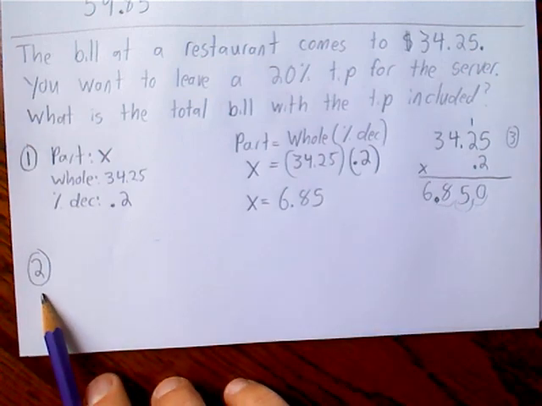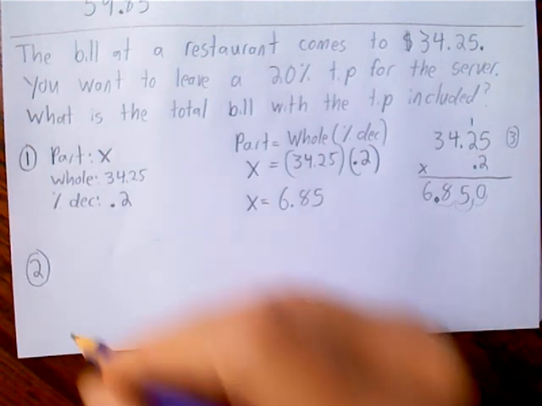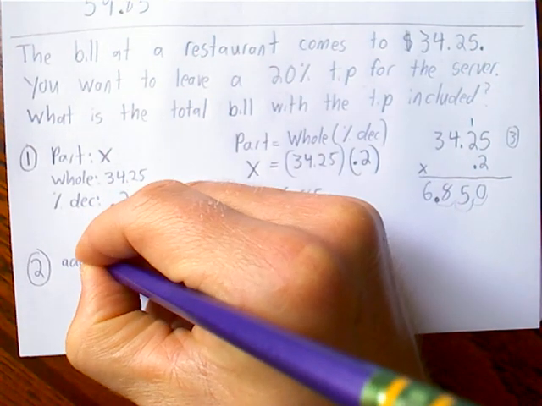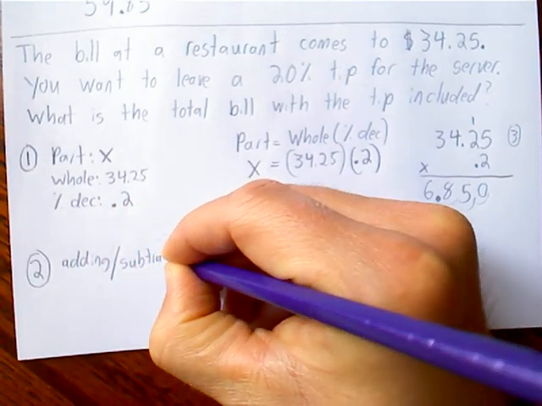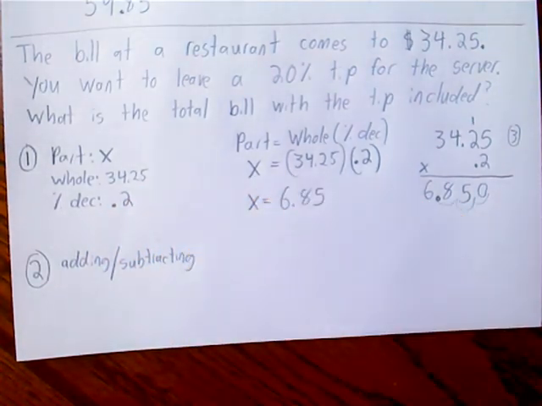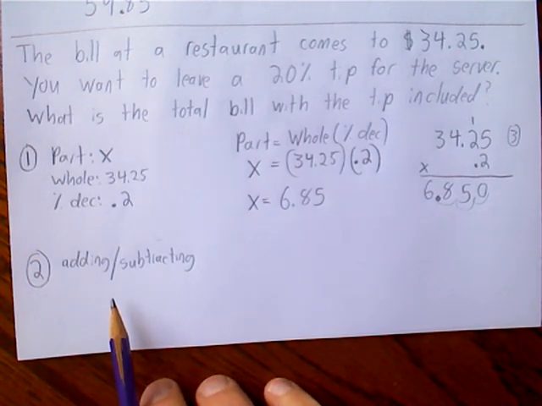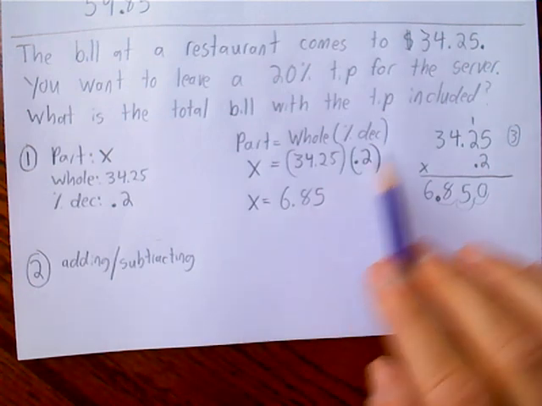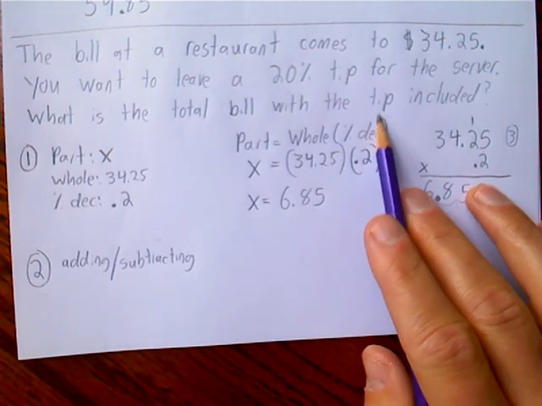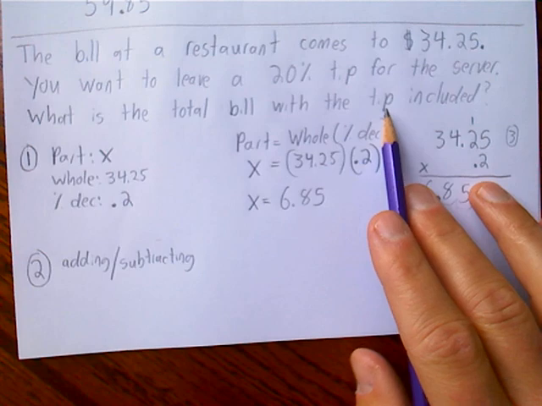On this second part, we're either adding or subtracting, and you need to figure out which operation you're going to use. It's going to be different every time. So when we're including something, the tip, we are adding it.